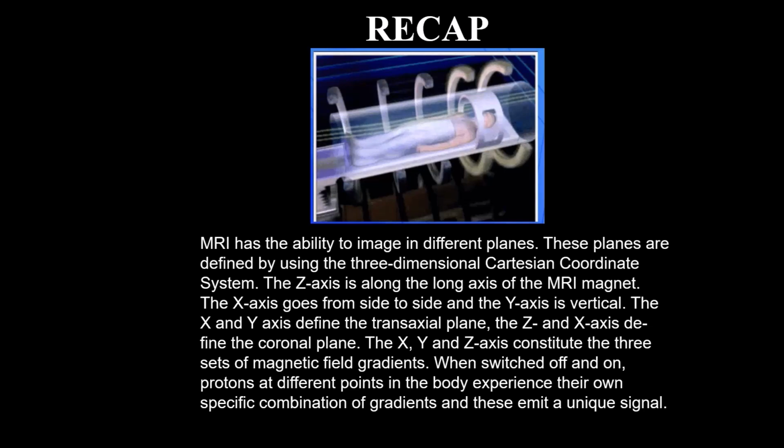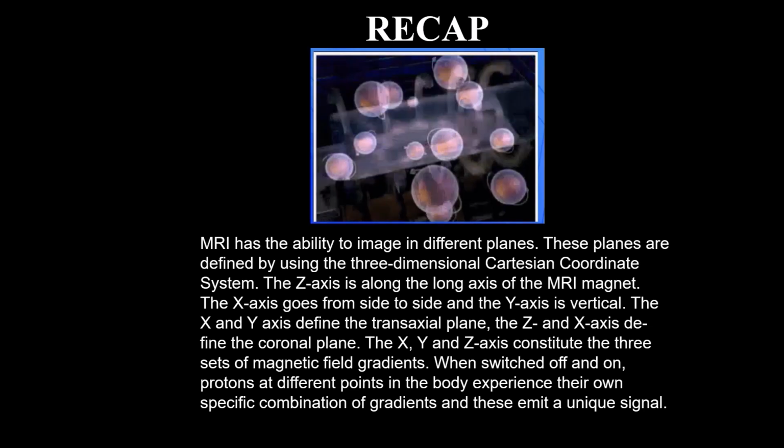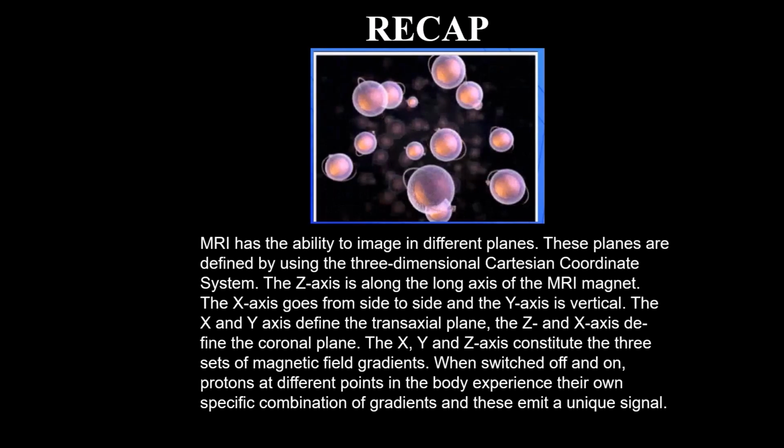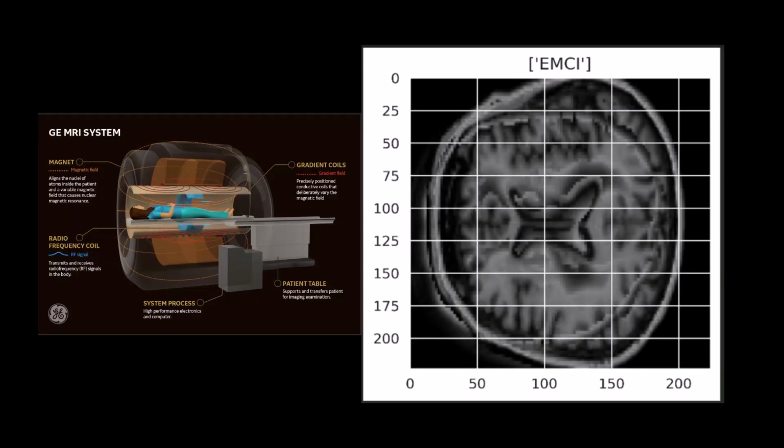The X, Y, and Z axis constitute the 3 sets of magnetic field gradients as well. When switched on and off, protons at different points in the body experience their own specific combination of gradients and thus emit a unique signal. We capture those signals, and from those signals we create data or a display image.